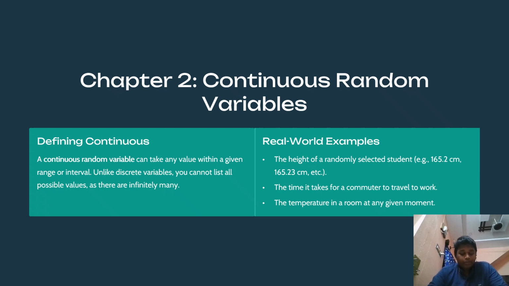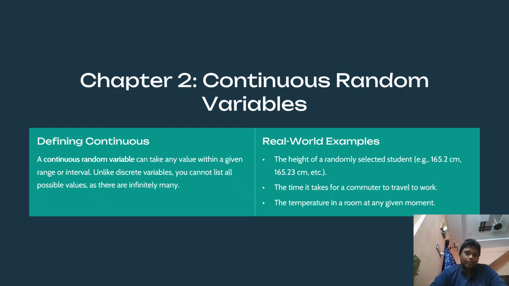Let f of x be the probability function of x, a continuous random variable. Then the distribution function of x, denoted by capital Fx of x, equals the integration from minus infinity to x of small fx of x dx.